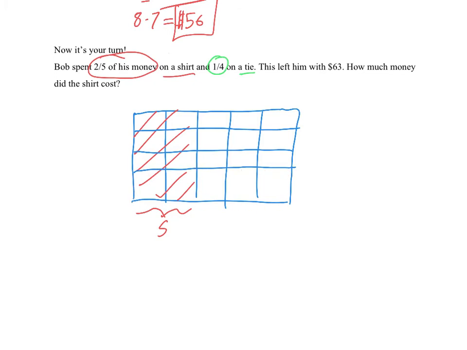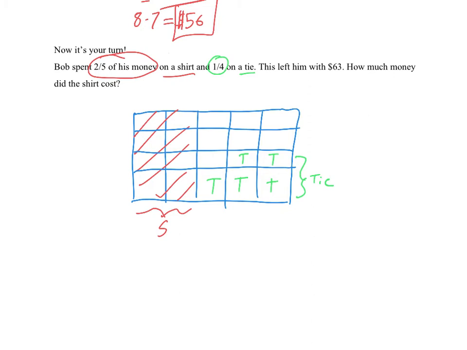That's 1, and the whole thing is separated into 4 quarters if you look horizontally. So this amount has 5 of the smallest unit. So I'm going to take my green pen out again and mark in T for tie. Those are all ties. So that's the tie in green there.